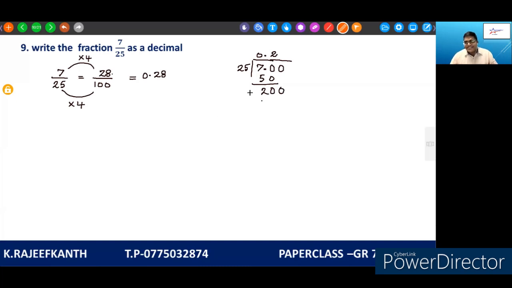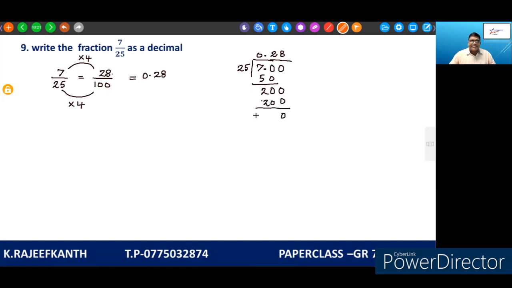Now 200 is there. Now we have to check how many 25s are in 200. You already know in 100 there are 4 25s. So in 200 there will be 8 25s. No? So 8 times 5, 40, balance 4. 8 times 2, 16 plus 4, 20.